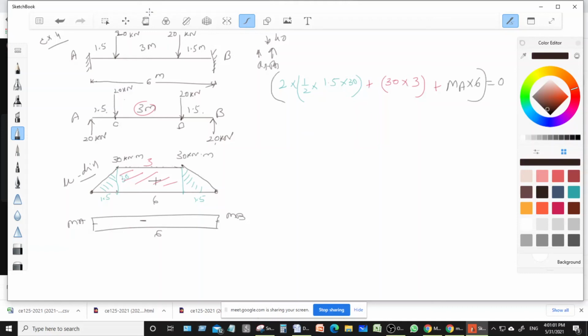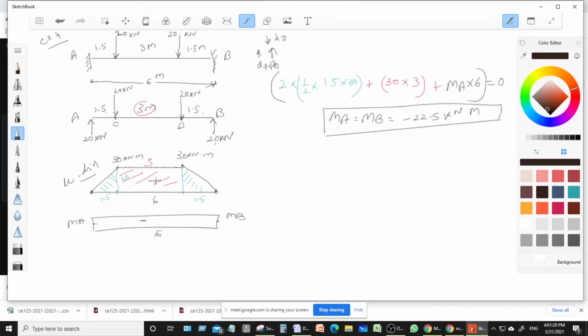So we are just going to solve this, and we will find out MA is equal to MB is equal to -22.5 kilonewton into meter. If you solve this, you will get -22.5 kilonewton into meter, that is MA and MB.